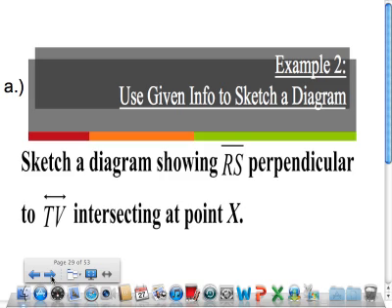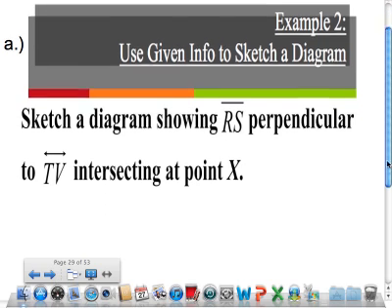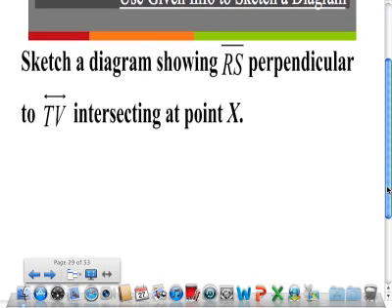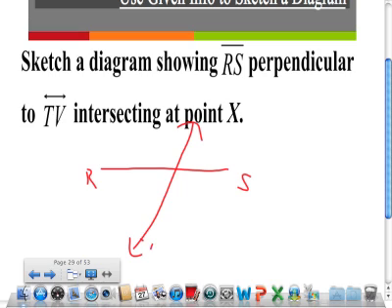Example 2 says sketch a diagram showing RS perpendicular to TV intersecting at point X. RS is a segment. TV is a line. They intersect at point X, and they are perpendicular.